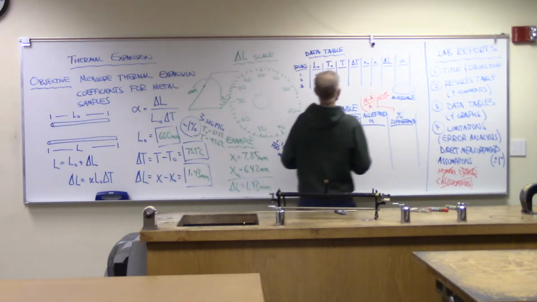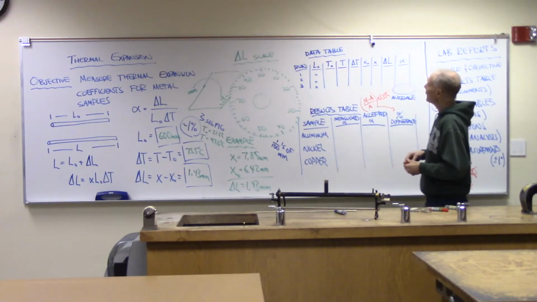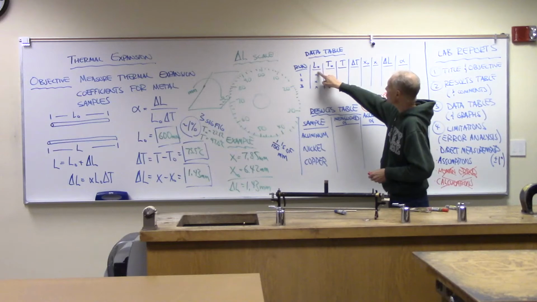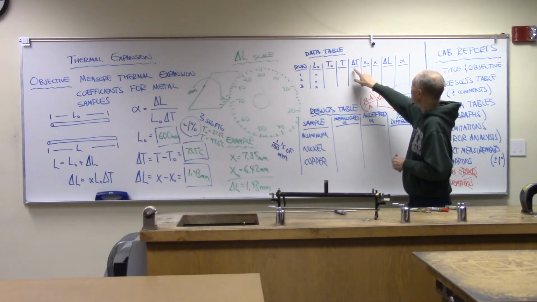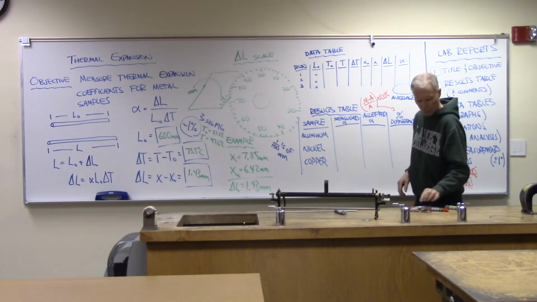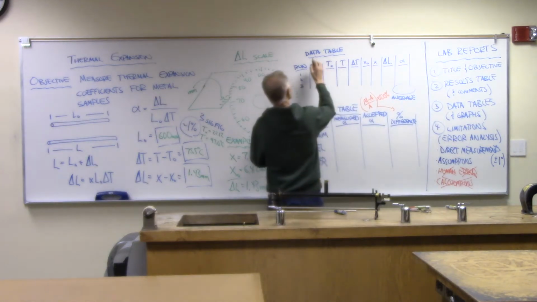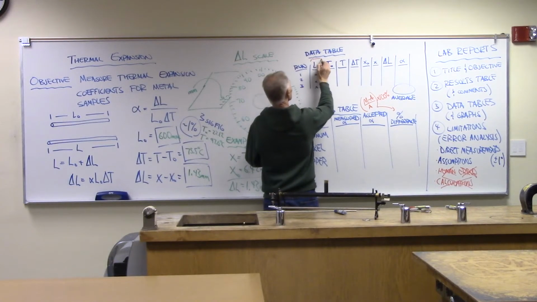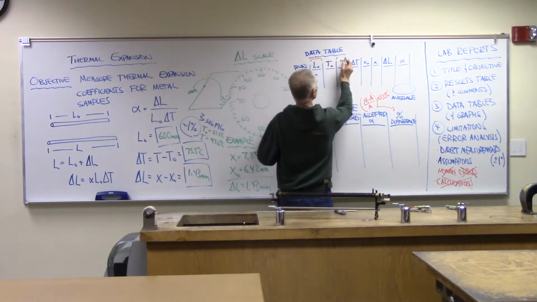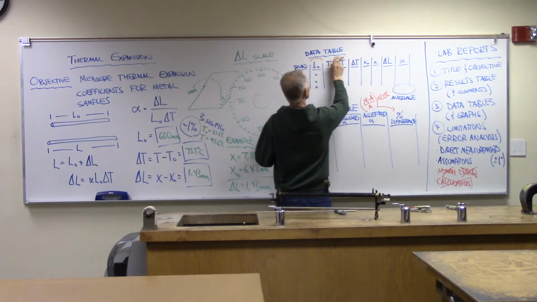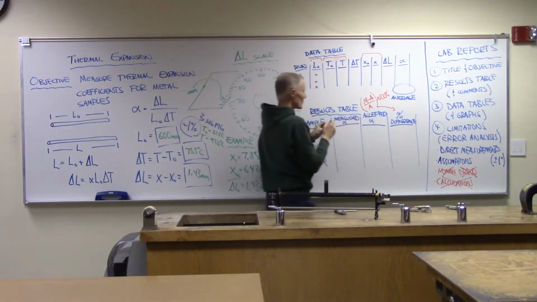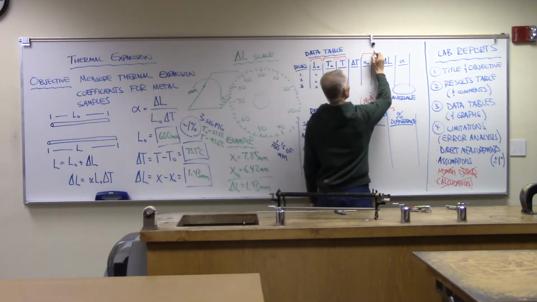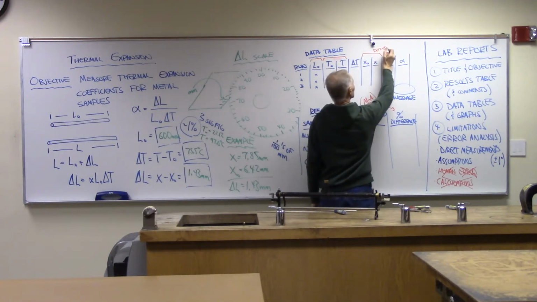All right, so for the data tables, I'm thinking that we need to measure L naught, and we need to measure starting and final temperatures. What I like to do, at least on the board here, is identify what the direct measurements are.